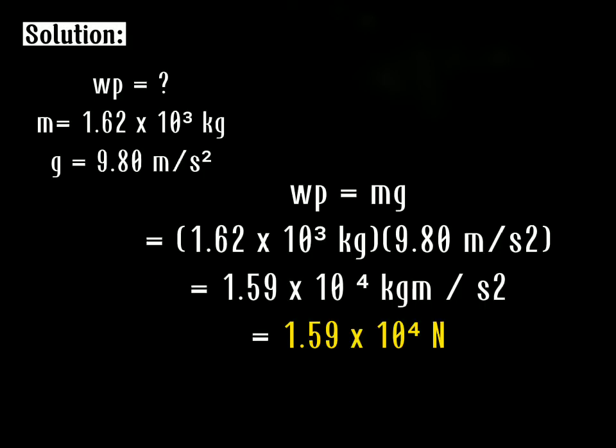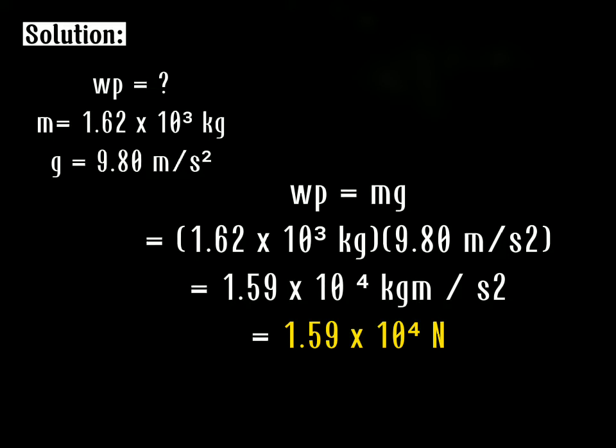After that, we will find the weight of the pillar segment, which is equal to mass times gravity. The given mass is 1.62 times 10 cube kilogram, multiplied by the gravity 9.80 meter per second square.